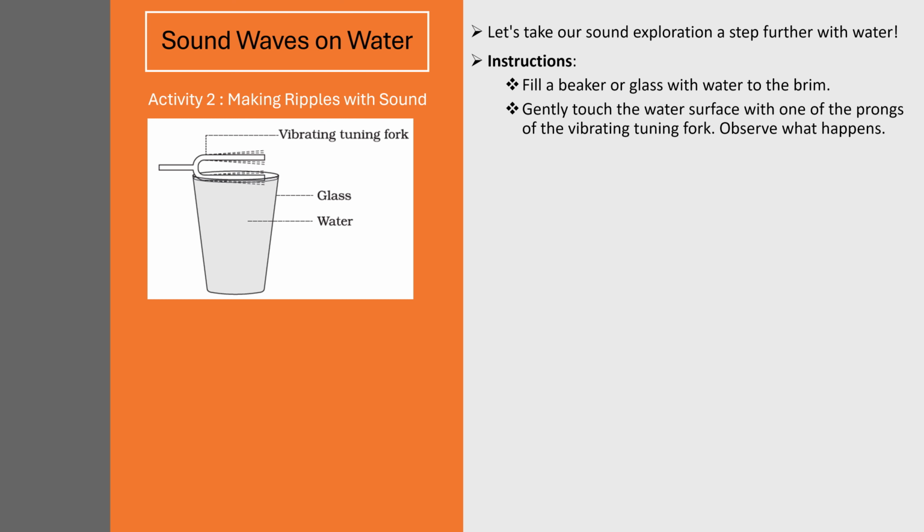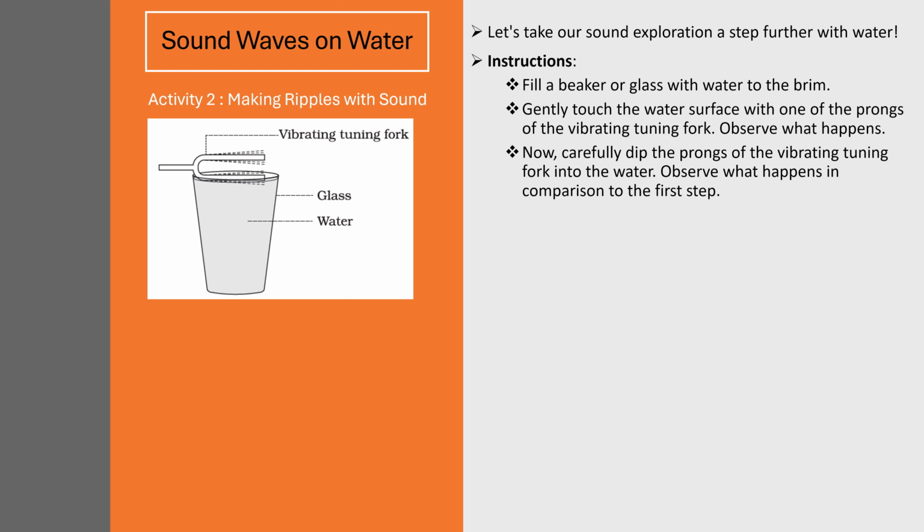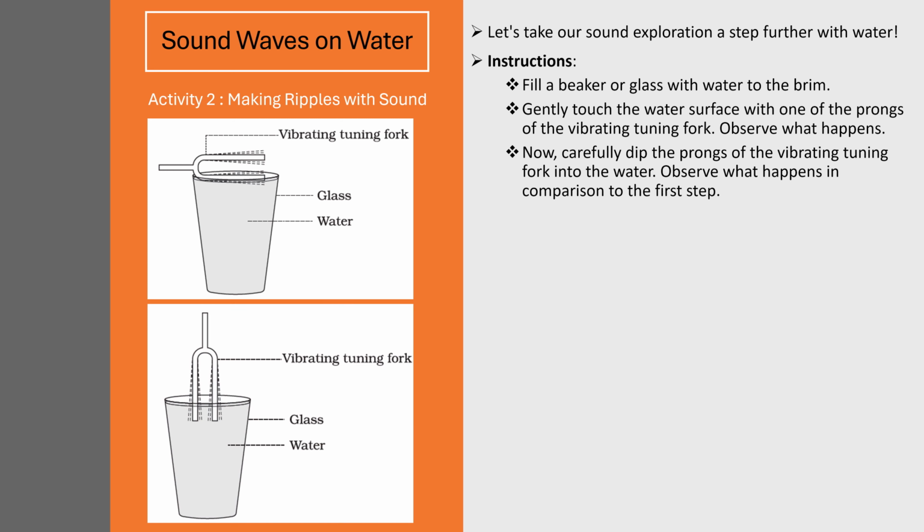Observe what happens to the water, even to the prong. Now carefully dip the prongs of the vibrating tuning fork into the water. Observe what happens in comparison to the first step.